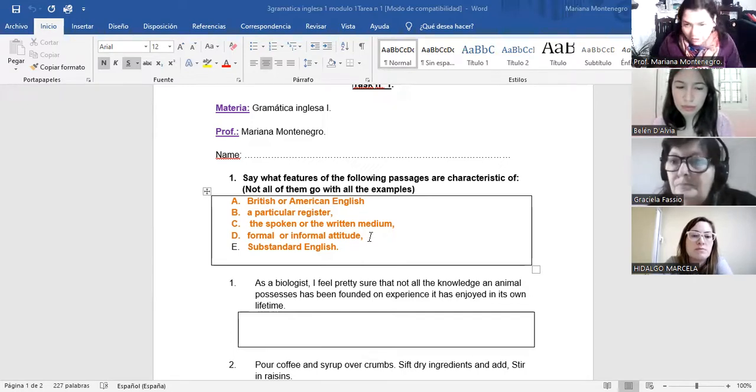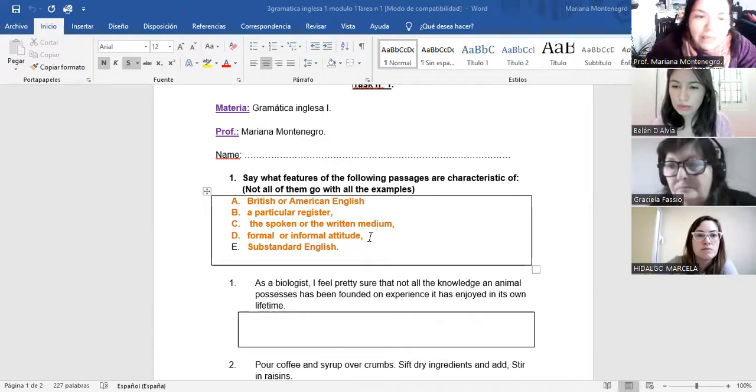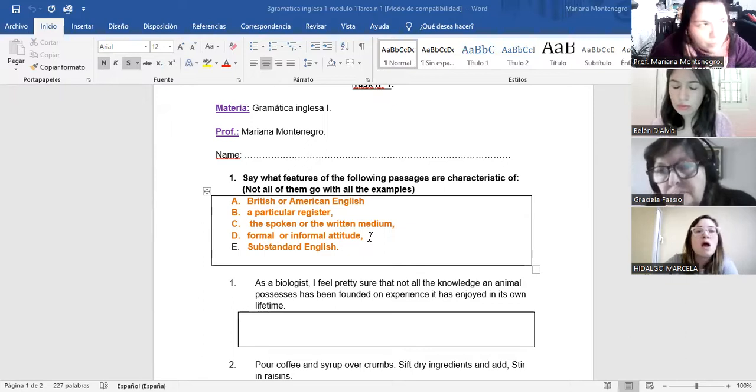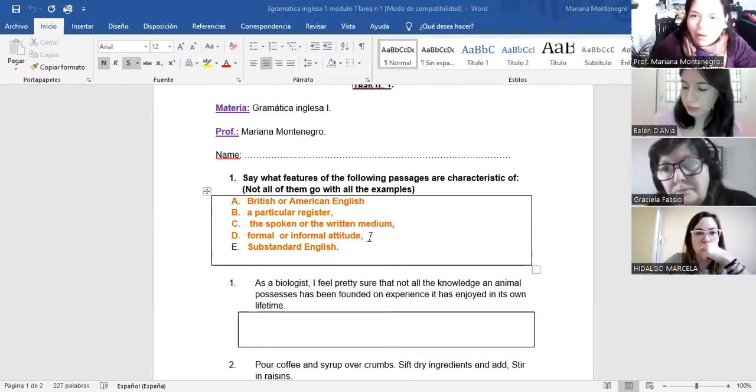Formal or informal attitude, and substandard English. What do I mean by substandard English? When you observe clearly that it is English which is not grammatically correct. For example, in Spanish, when we say aira, for example, that is substandard, it is not correct.